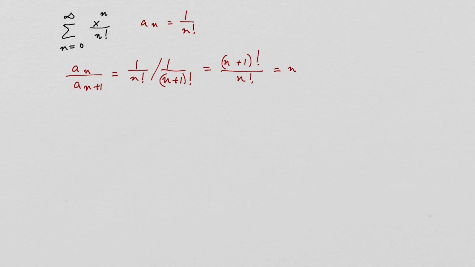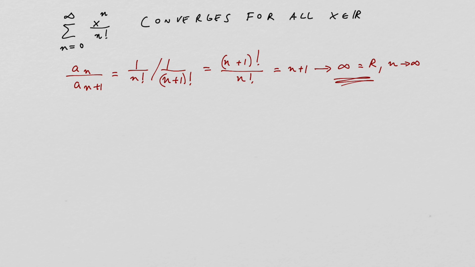We will get n plus 1. This approaches infinity as n goes to infinity. So our radius of convergence is infinity. So n factorial grows so fast that the series will converge for all real numbers x.